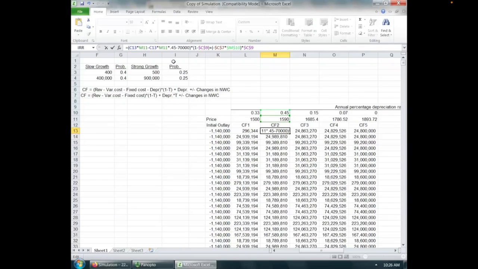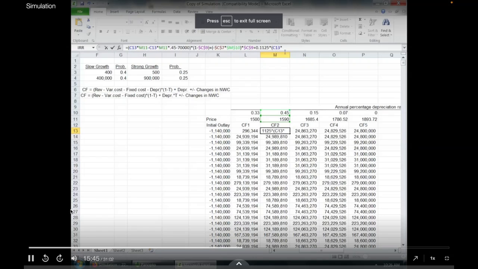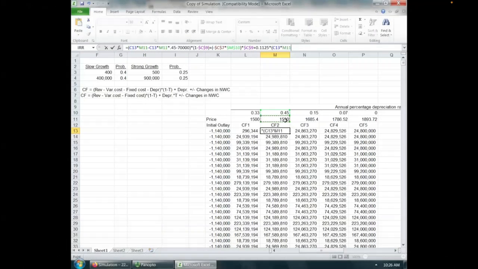So it's all there already. No need to change anything. And then add, again, the change in working capital, which is 11.25% of the difference between the revenue in year 2, right? So I'm taking the units, which I have in cell C13, multiplied by the price in year 2.